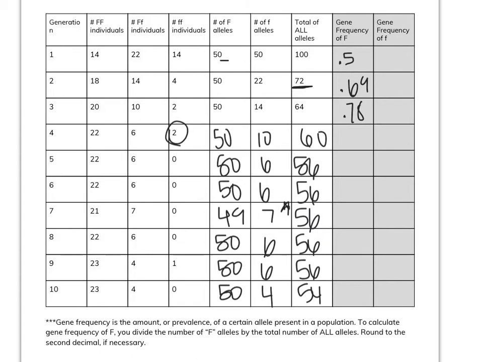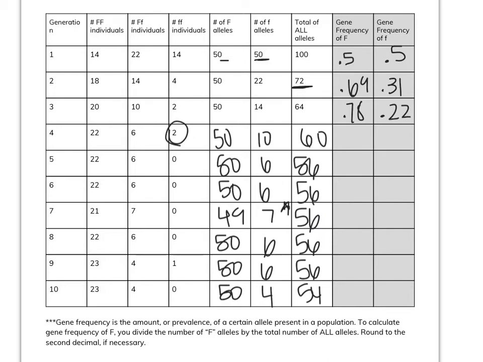So for generation 1, it'd be 50 divided by 100, which is 0.5. And then 22 in generation 2, 22 divided by 72 is 0.31. And then 14 divided by 64 is 0.22.